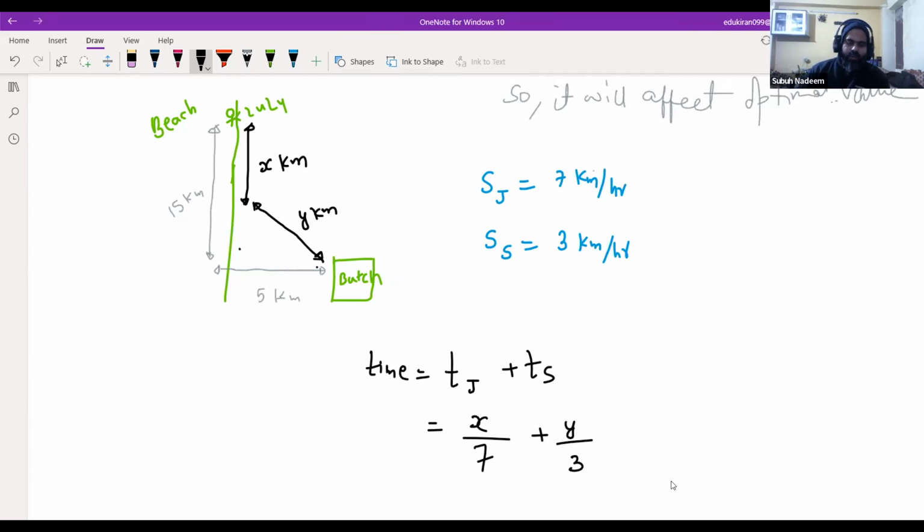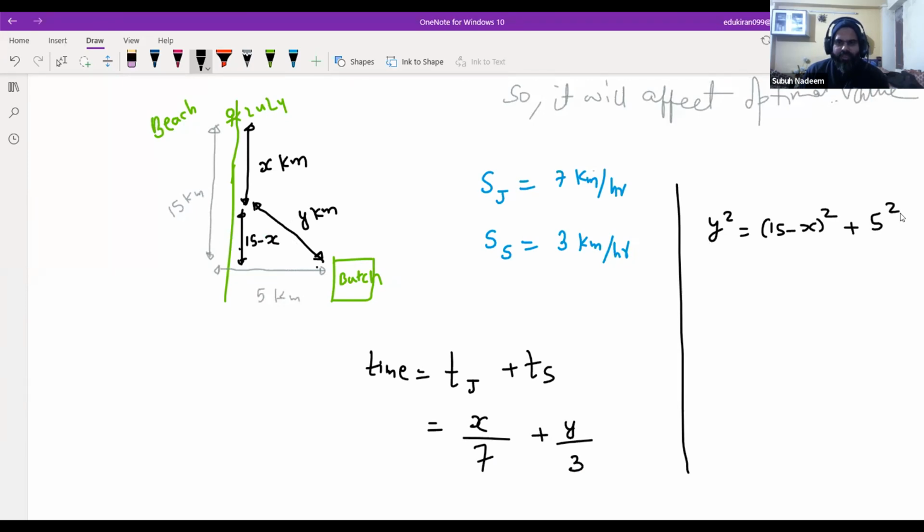Now you have to do one more thing. You can't take two variables. So somehow you have to find a relation between x and y. What you see here is that the remaining length is 15 minus x. So you can apply the Pythagoras theorem and say that y square is equal to (15 minus x) whole square plus 5 square.